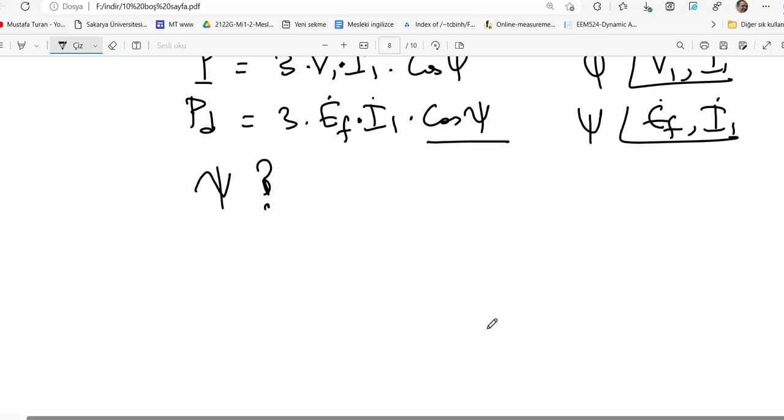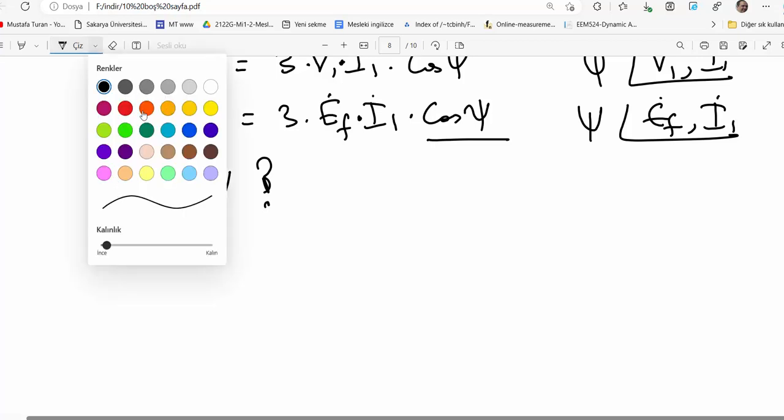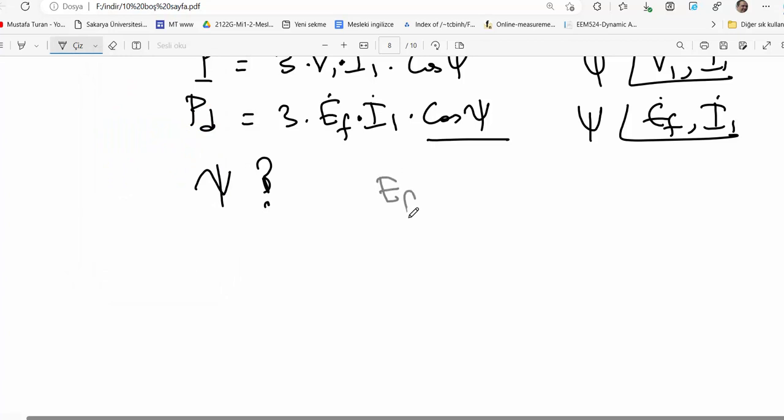The easy method to find out its value and sign is drawing phasor diagram. Remember motor's equation. EF is equal to V1 minus JI1 XS. That is the motor's equation.